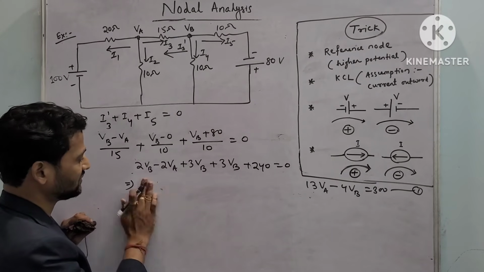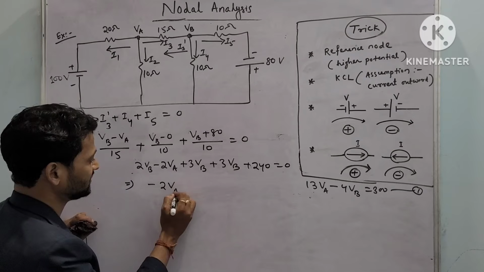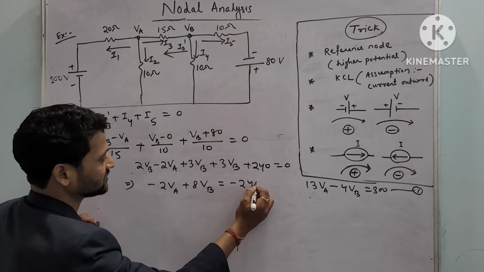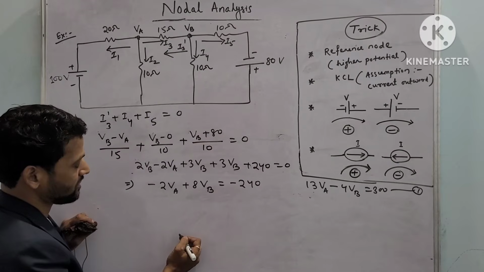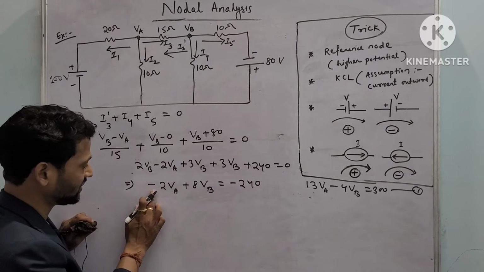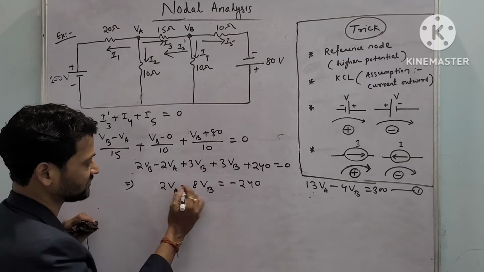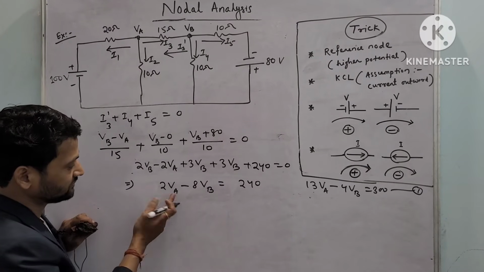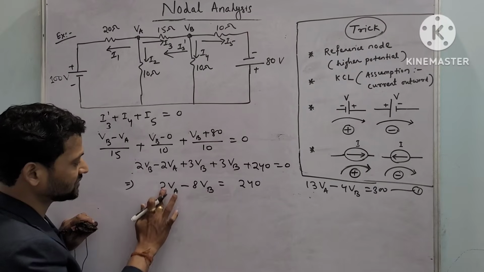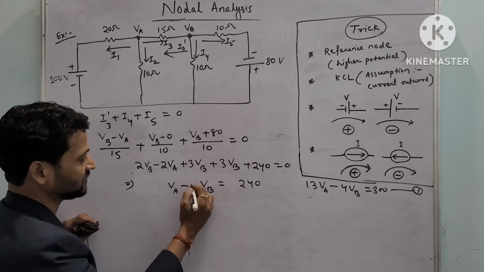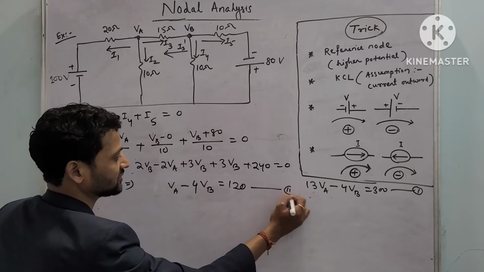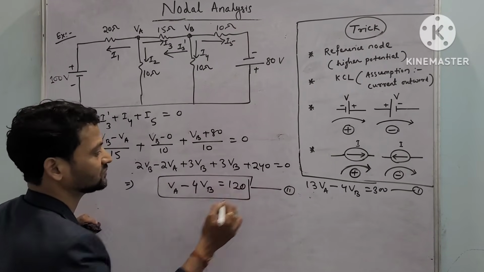First I'm writing minus 2 VA plus 8 VB will be equal to minus 240, right? Or I can write plus 2 VA minus 8 VB will be equal to 240. Then divide by 2, so it will be VA minus 4 VB will be equal to 120. This is equation number 2.